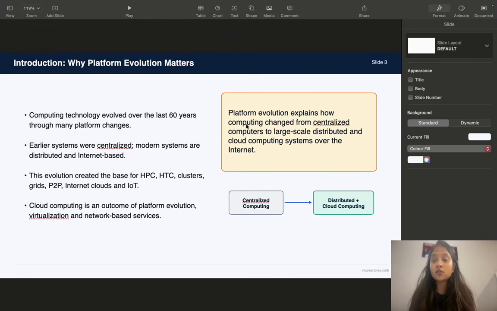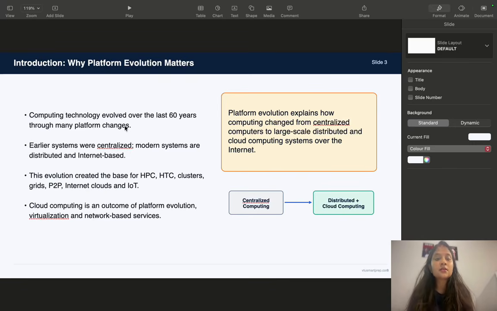Evolution means how computing systems change step by step over many years. Next, you can tell how computing has shifted from centralized computing to distributed cloud computing. Then include the point that computing technology evolved over the last 60 years; how it evolved is what I will explain in the next slide.